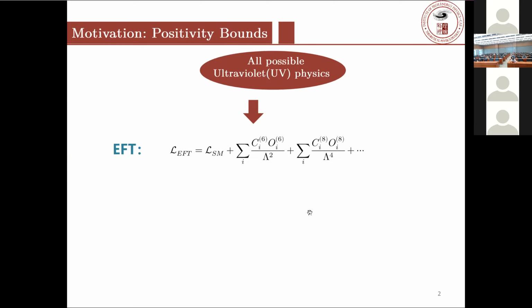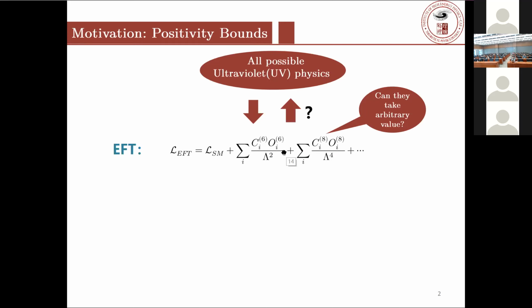When we integrate out all the UV states, we get an EFT Lagrangian. Then we may ask, can these coefficients take arbitrary values? Or what kind of EFT can have a UV completion?